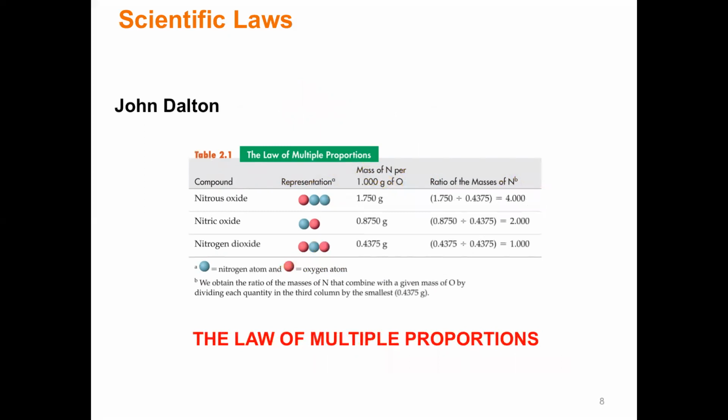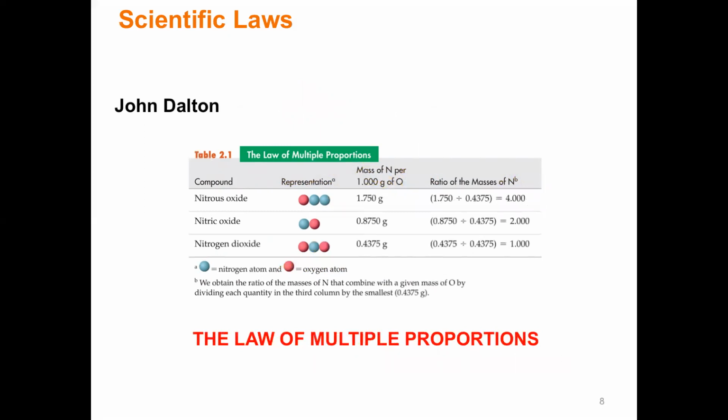It doesn't mean that you're going to get a certain compound in more than one proportion. What he's saying is that these elements will always combine in certain proportions, but you can have 2 elements combine in different proportions to get different compounds, depending on how much you've got.